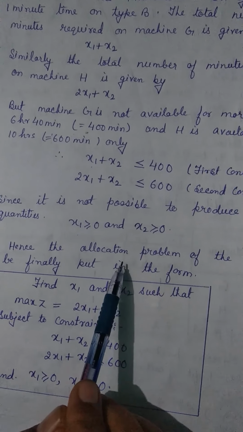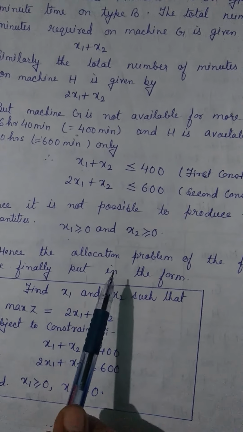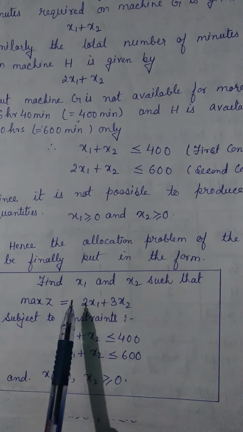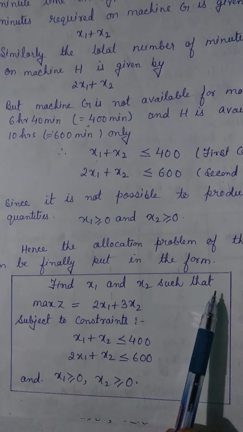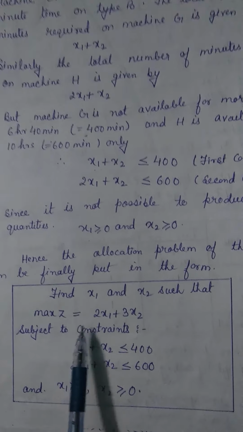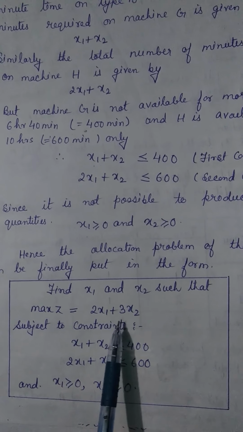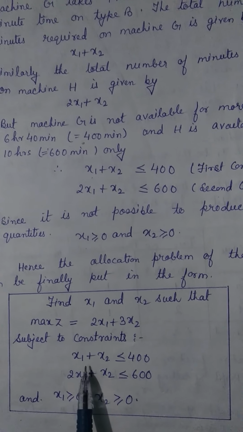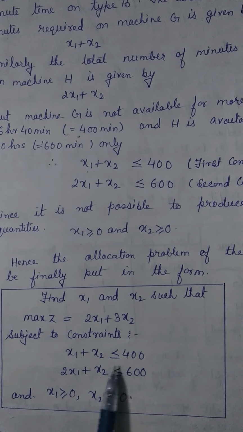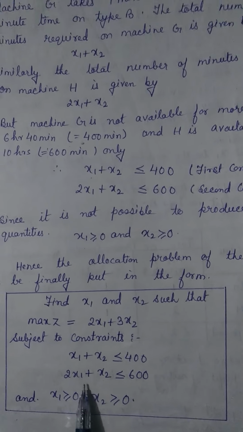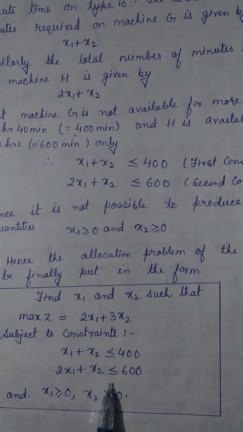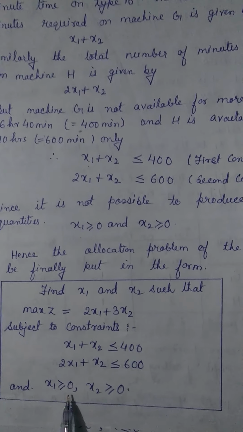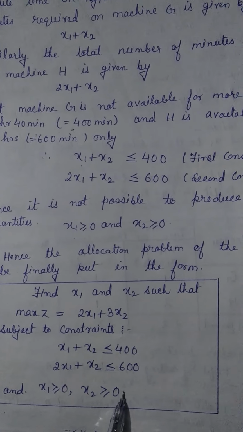Hence, the allocation problem of the firm can be finally put in the form find x1 and x2 such that max z is equal to 2x1 plus 3x2 subject to constraints x1 plus x2 less than equal to 400, 2x1 plus x2 less than equal to 600 and x1 greater than equal to 0, x2 greater than equal to 0.